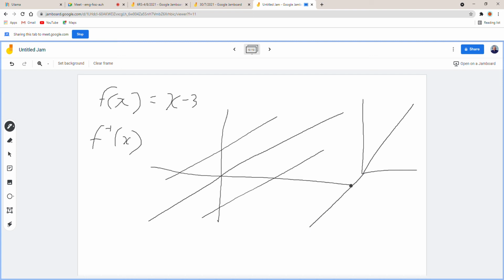This is the y equals x now. And then you reflect it, that's all.